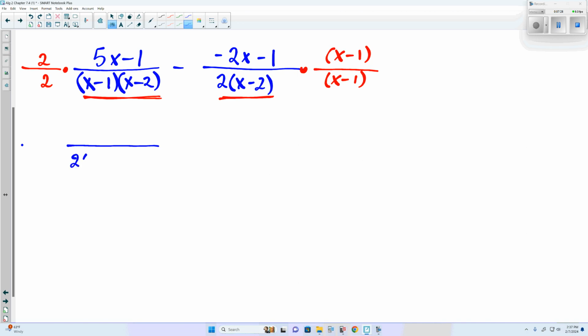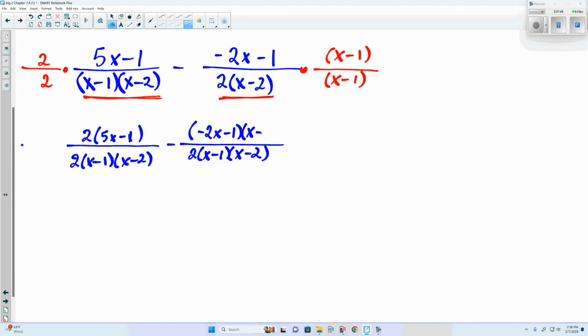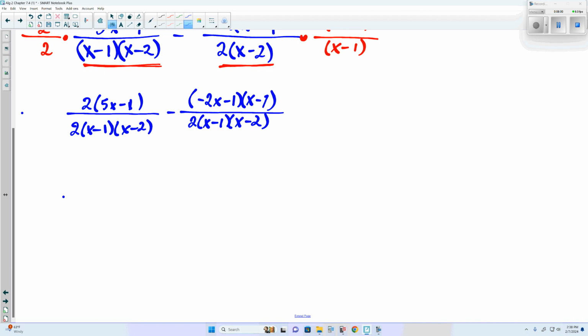And now we can multiply these together, and we also multiply our numerators.